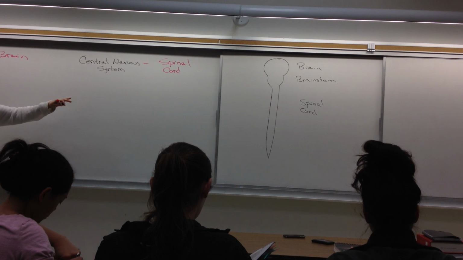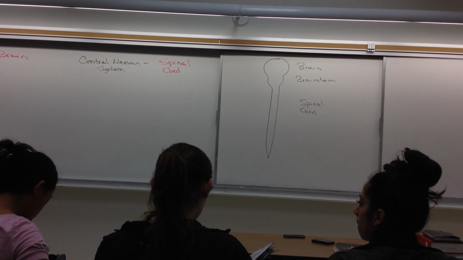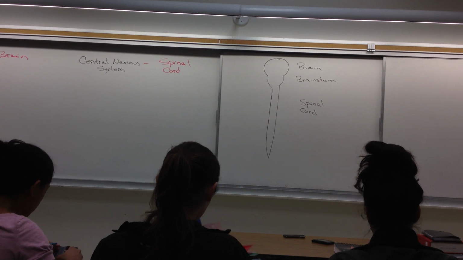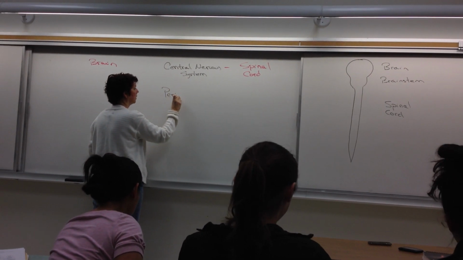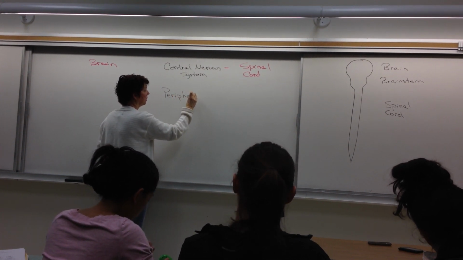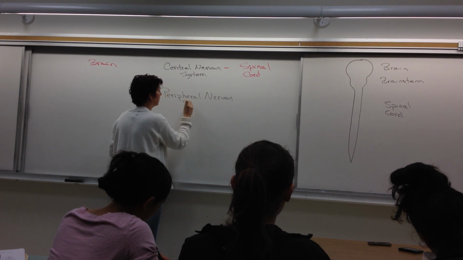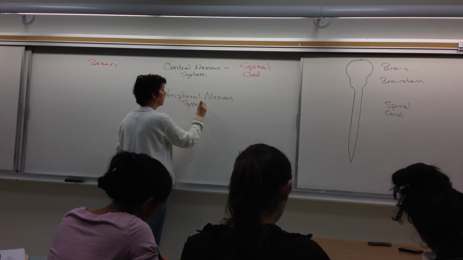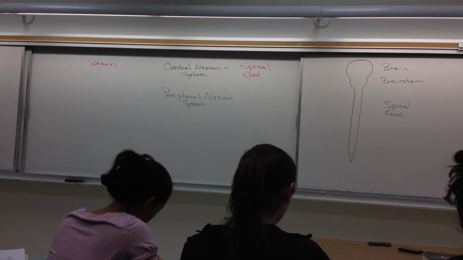So that's the central nervous system, and everything outside of that is the peripheral nervous system, and that's what we refer to as nerves. This involves both the brain and the spinal cord.